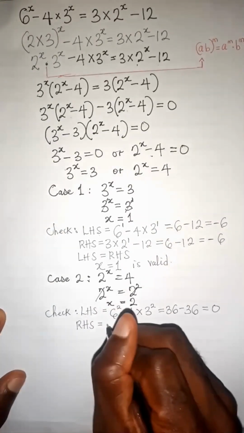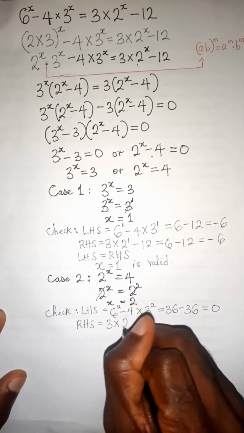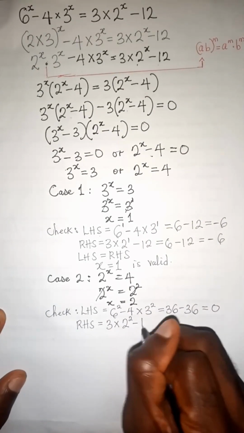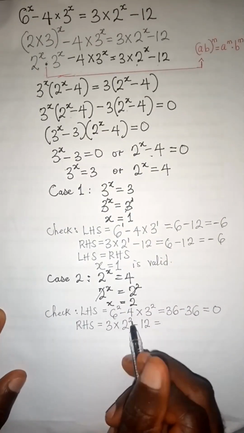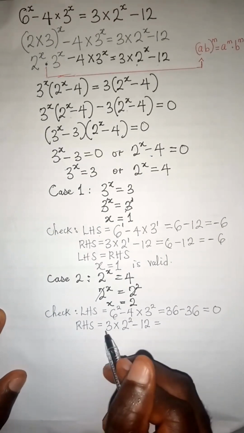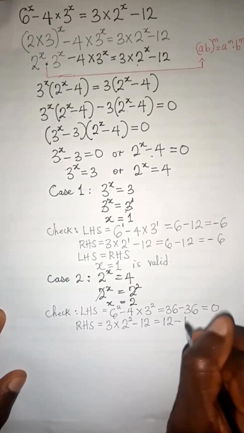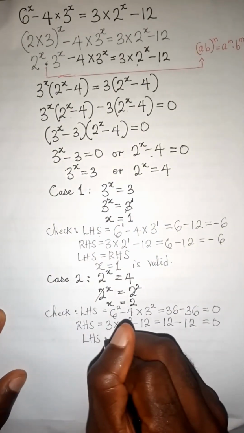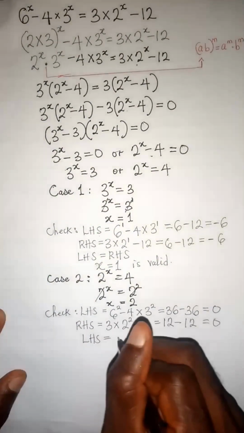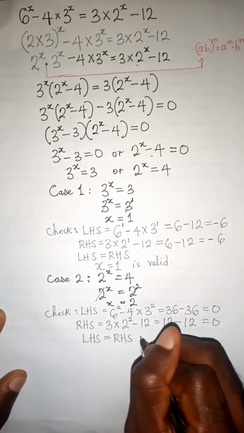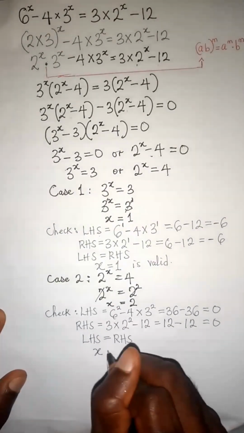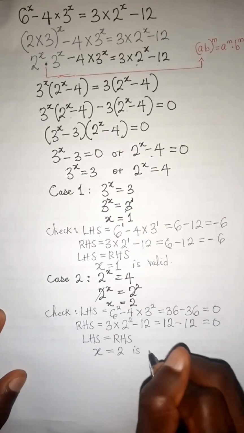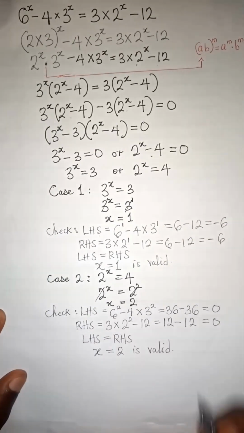is 3 times 2 to the power of x, so 2 to the power of 2, minus 12. So 2 to the power of 2 is 4, times 3 is 12, so we have 12 minus 12, which is also 0, meaning the left hand side here is also equal to the right hand side, and it means x equals 2 is equally valid.